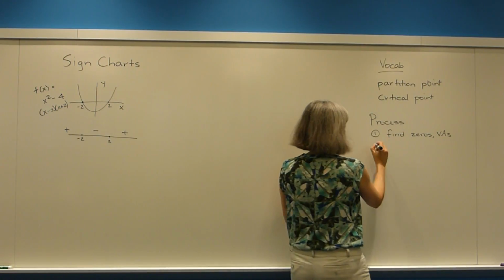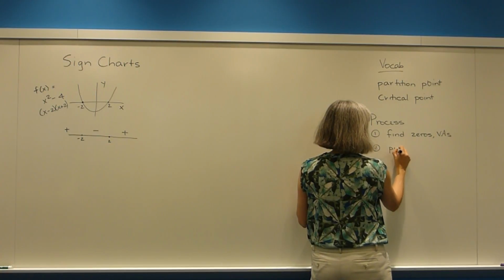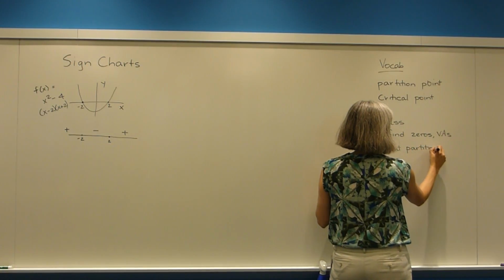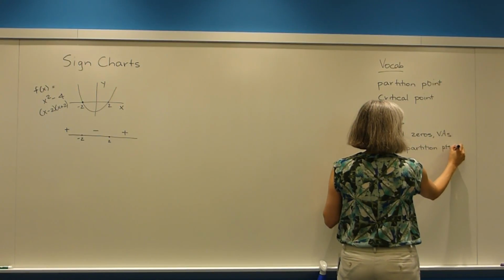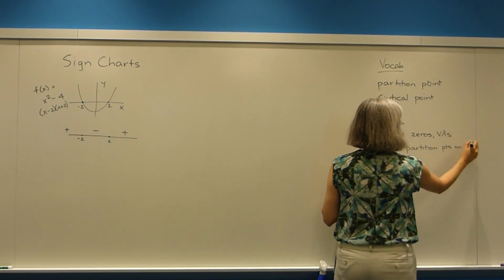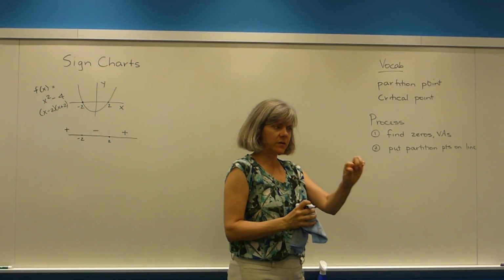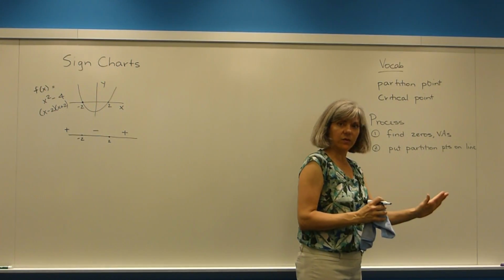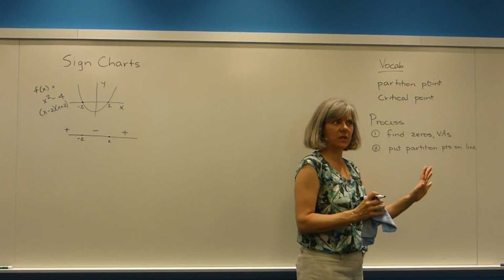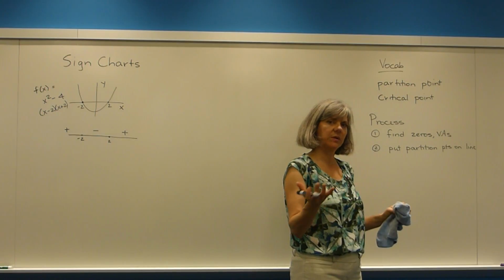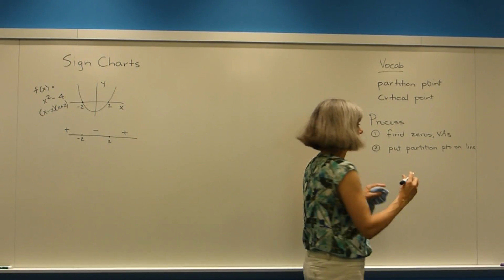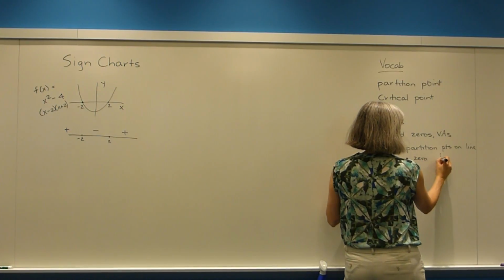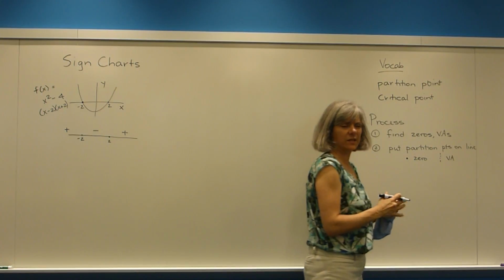Okay, the second thing is put those values on the number line. So put all your partition points on the number line. I recommend using solid circles for your zeros because that's where it's equal to 0, but using dotted lines for your vertical asymptote just to remind yourself which one is which, because that will come into play sometimes depending on the question you're answering. So a circle for a 0 and a dotted line for a vertical asymptote, just like we would draw on a real graph.